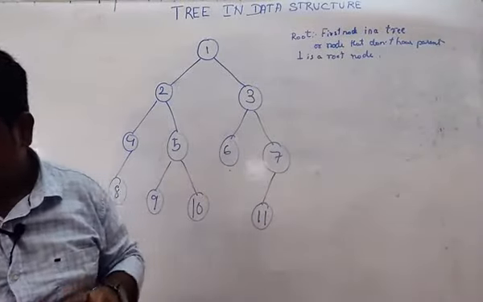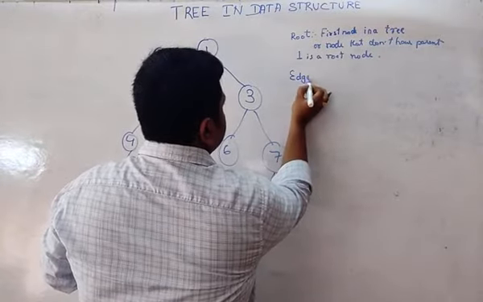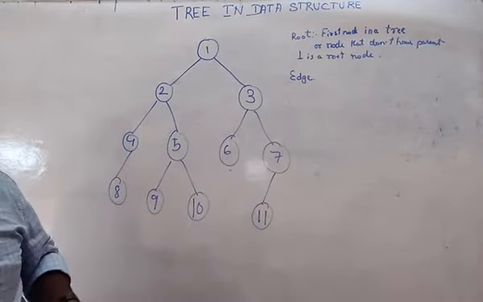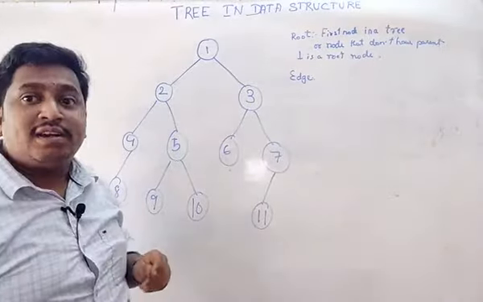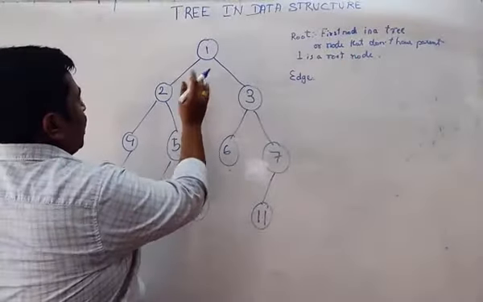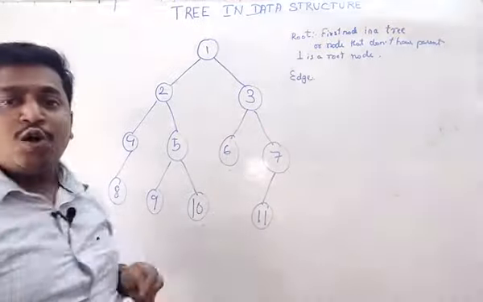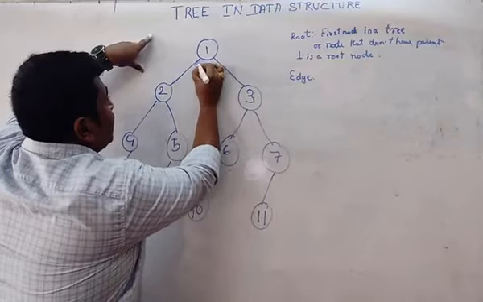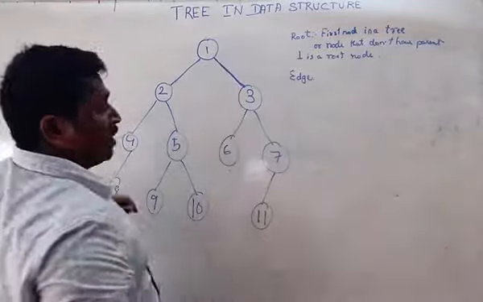Okay, next we'll see edge. What is an edge? The connection or a link between two nodes. Here what are the nodes? 1, 2, 3, 4, 5, 6, 7, 8, 9, 10, 11. These are all nodes. So 1 and 2, how are they connected? They are connected with this link. 1 and 3 are also connected with this link.